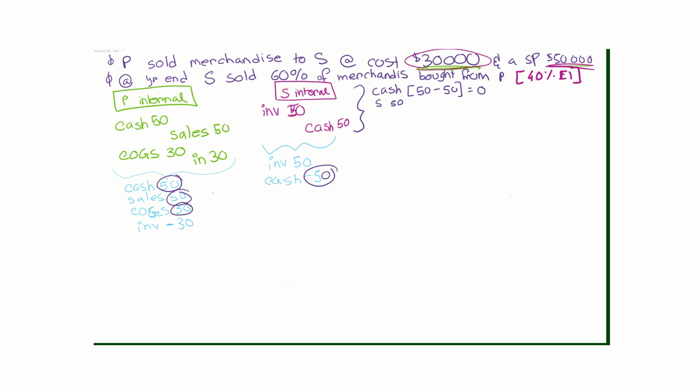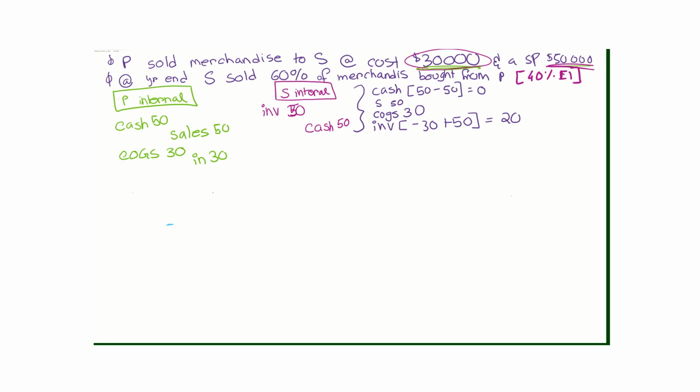We have cost of goods sold of 30. And then we have inventory of minus 30 plus 50, which gives us 20. Okay, so now I'm going to get rid of these right here.